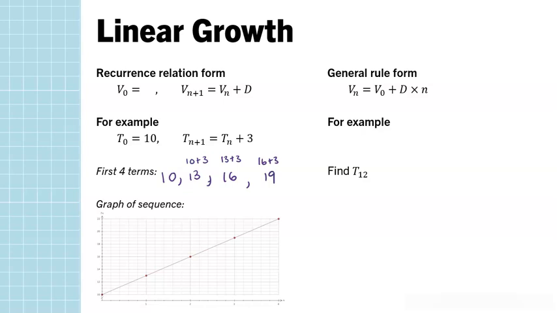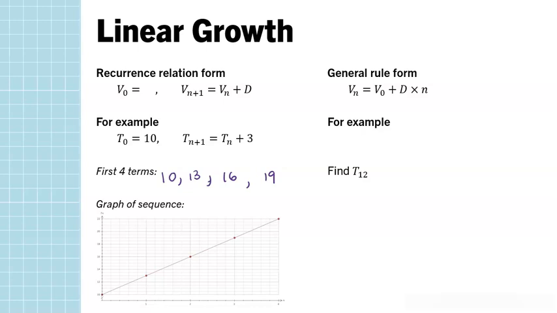So we end up there with our sequence as 10, 13, 16, and 19. If we were to consider a graph of that sequence, we can see it forms a straight line because it is that constant increase, and that gives it its linear name. We have that linear constant growth.